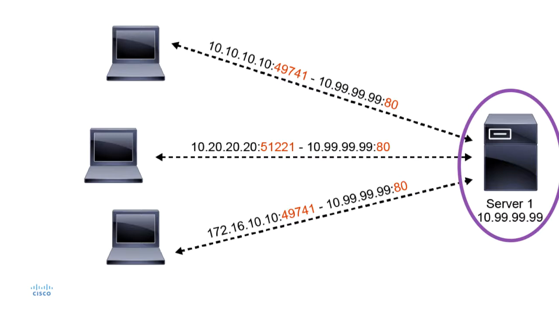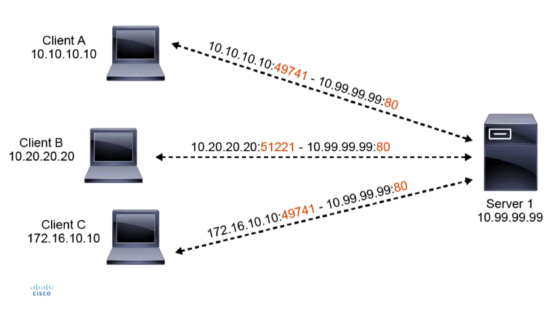In this example, we have server number 1, which is running a daemon that is offering web services. A user, client A, client B, or client C, is going to establish a connection to that web server. As the TCP segment is created on client A, B, and C, the destination IP address will be determined.